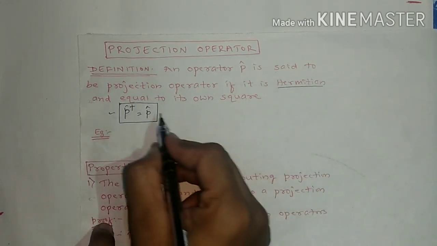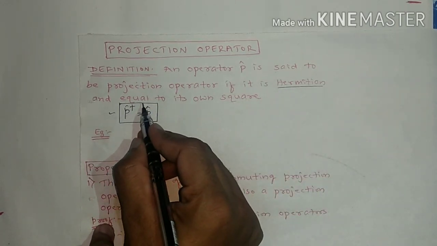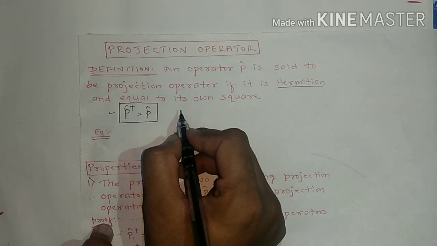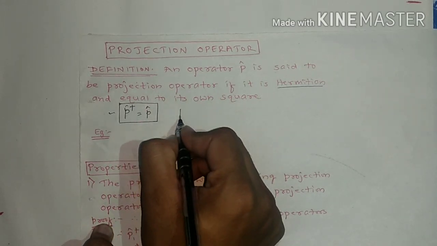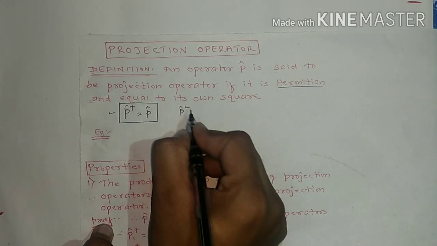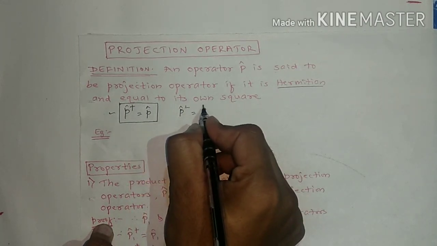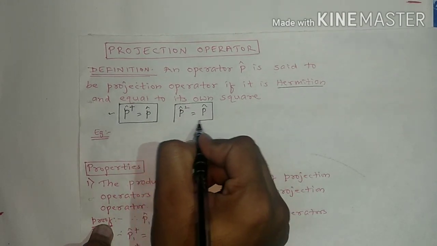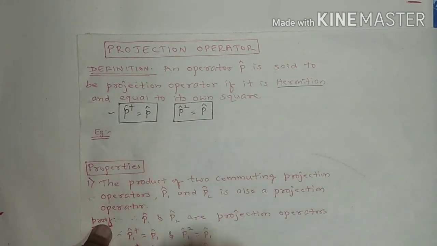The second condition is that operator P is equal to its square, that means P square is equal to P. If these two conditions are satisfied, then that operator is called a projection operator.